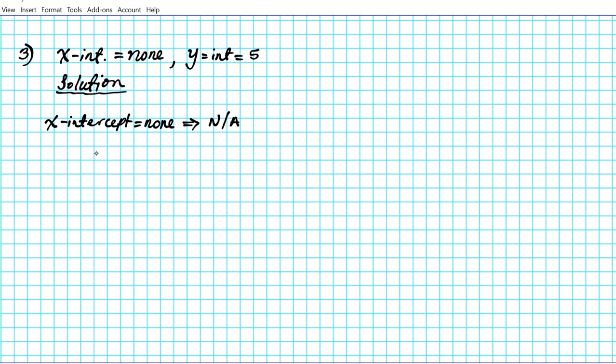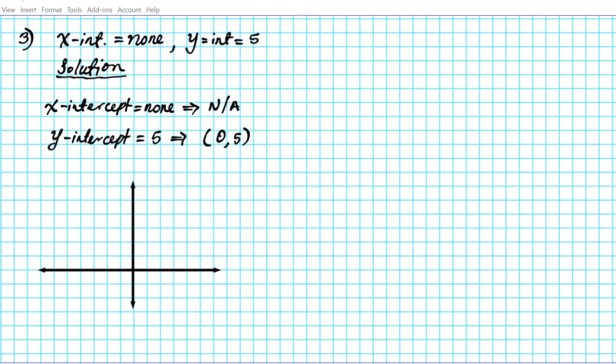So this is not applicable, okay? But we have a point on the line that goes through the y-axis because the y-intercept is 5. So what is that point? The point is 0 for the x and 5 for the y. Can you visualize what the graph looks like?